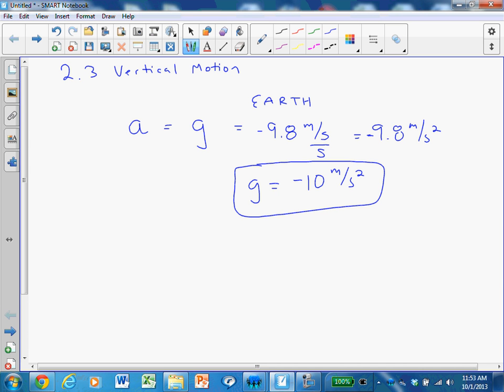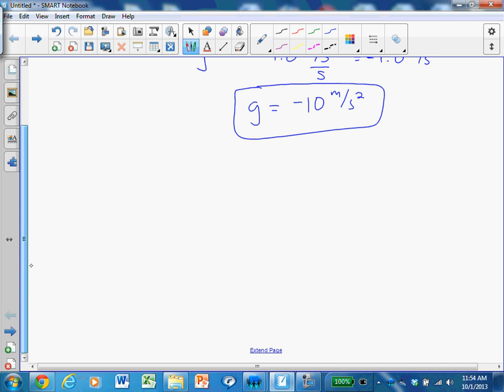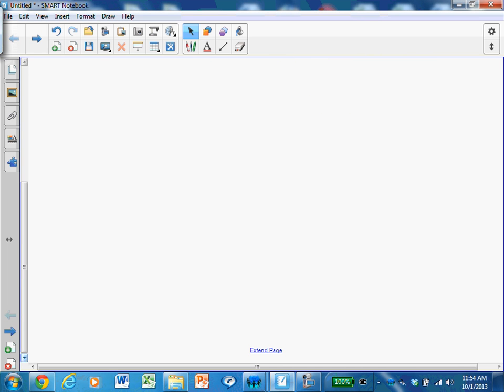And some other values in other places other than the surface of Earth, we'll write a little table of that.